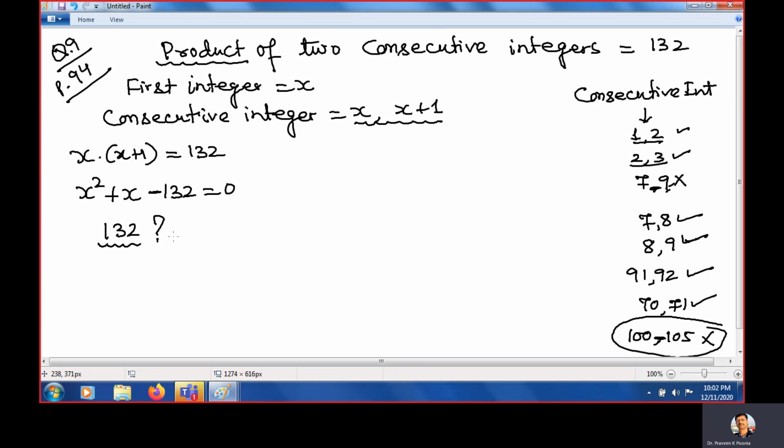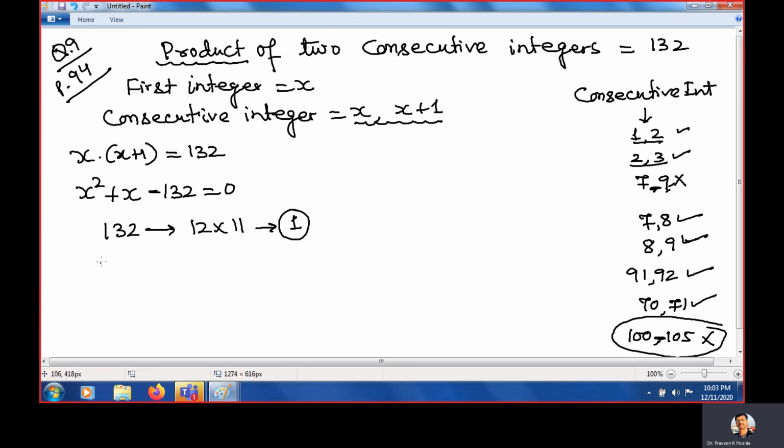It is 12 and 11, because 132 is 12 times 11, and their difference is also 1. So you need to find the possible factors, because here is minus, so the signs must be chosen accordingly. This you need to find by practice, on a rough page.